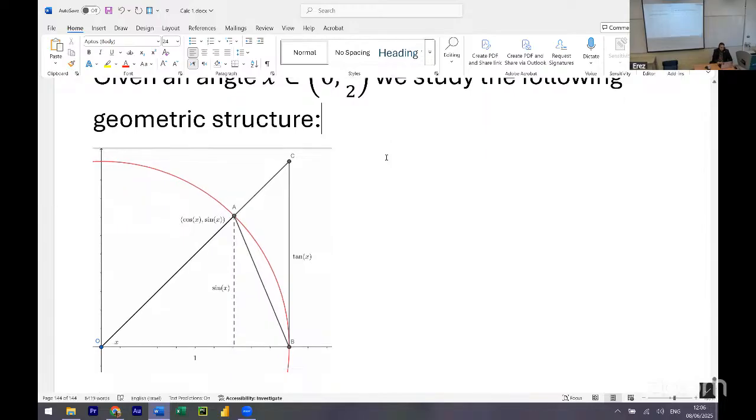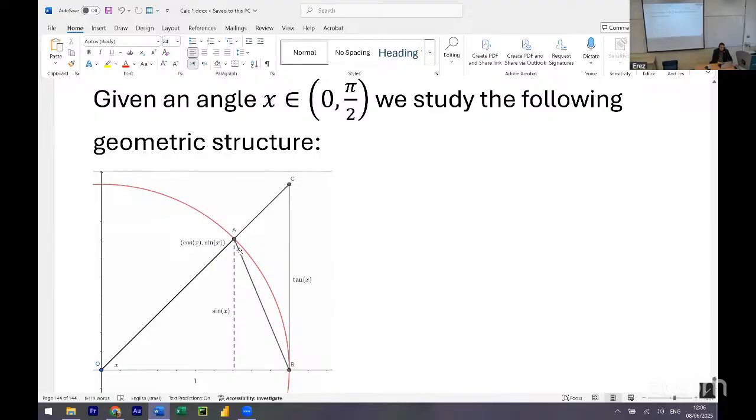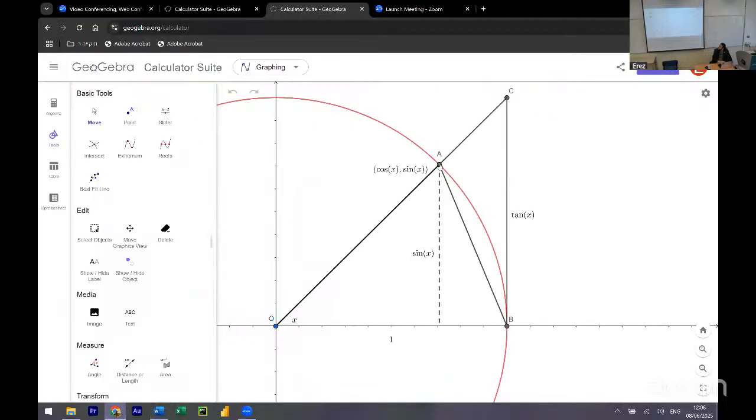And what the structure is, the red line is the unit circle. The point A here is the point cosine of x, sine of x, which means that the length of the arc here is x.